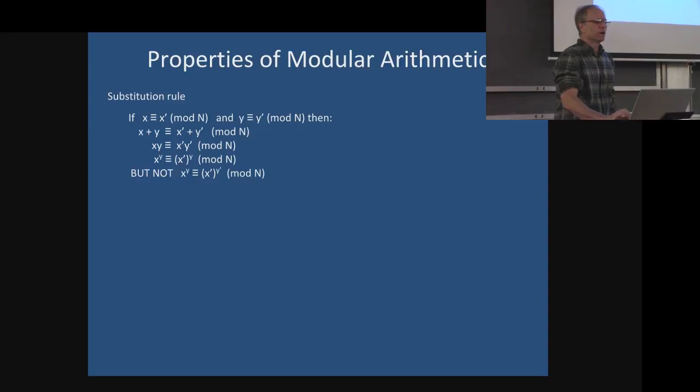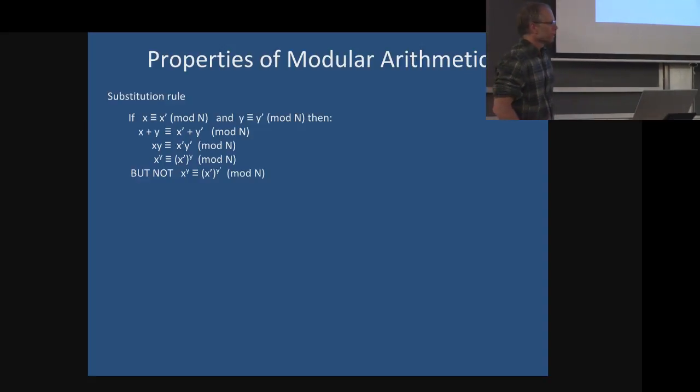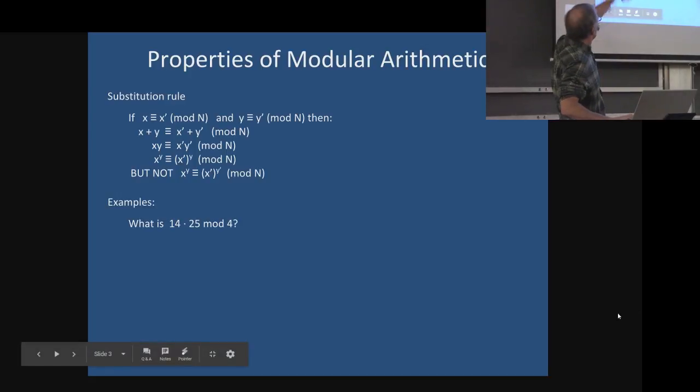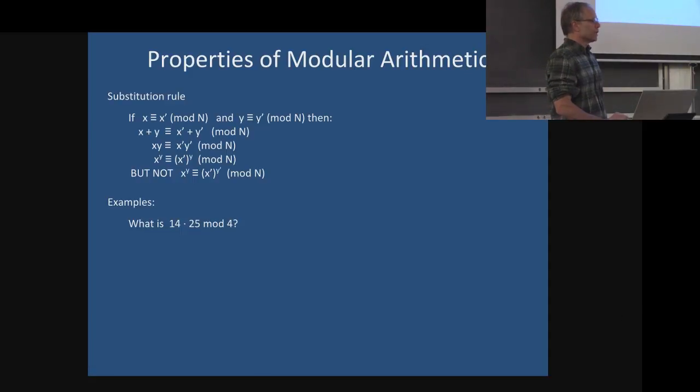And then we talked about the substitution rule. Essentially, the substitution rule just says that you can replace equals with equals, or I should say congruence. You can replace something with something that's congruent to it in an operation. So 14 times 25 mod 4, we can substitute for 14 anything that's equivalent to it mod 4.